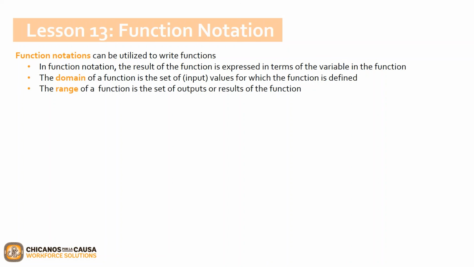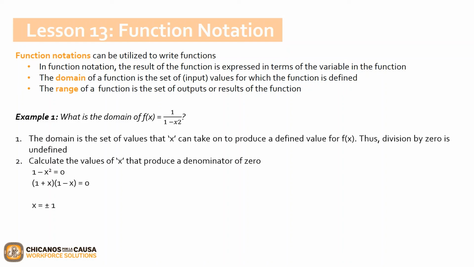Example 1. What is the domain of f(x) equals 1 over 1 minus x squared? The domain is a set of values that x can take on to produce a defined value for f(x). Thus, division by 0 is undefined. We're going to calculate the values of x that produce a denominator of 0.